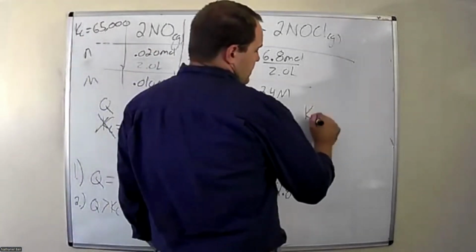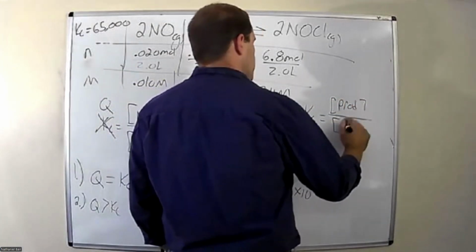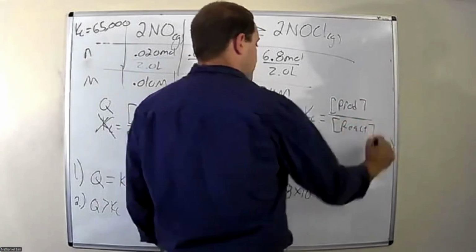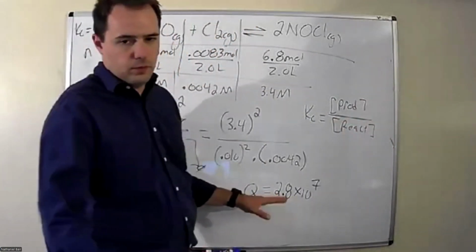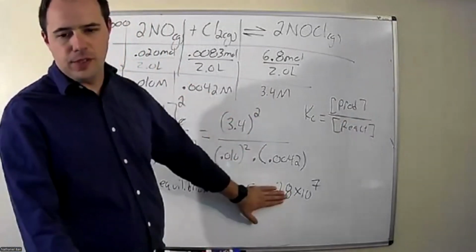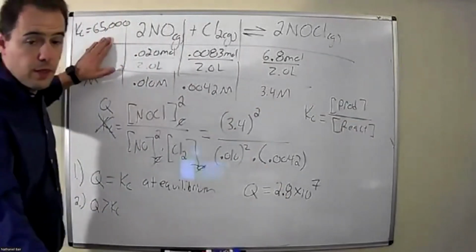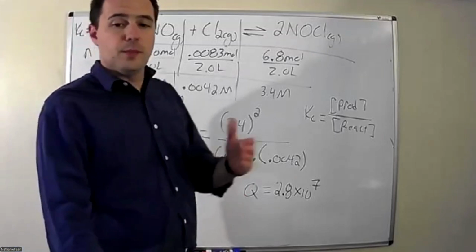At the end of the day, these mass action expressions are product concentrations over reactant concentrations. And if I have a number that is too big right now, when I plug this into the mass action expression, I got a number that's bigger than where I need to be at equilibrium. If that happens, well, what must be true? How do you have a number that's bigger than another?